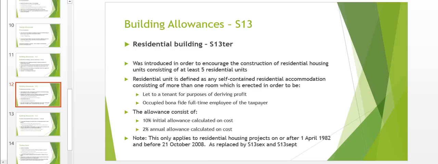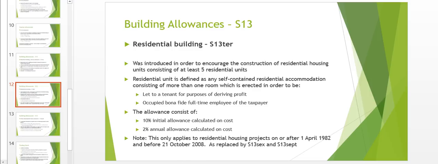But yeah, you just need to remember that any residential buildings which were built before the 21st of October 2008, there's a 10% initial allowance on the cost and a 2% annual allowance on the cost for each year afterwards.